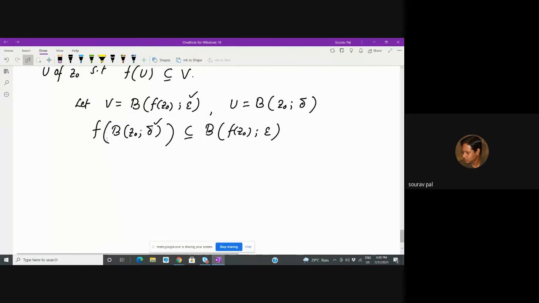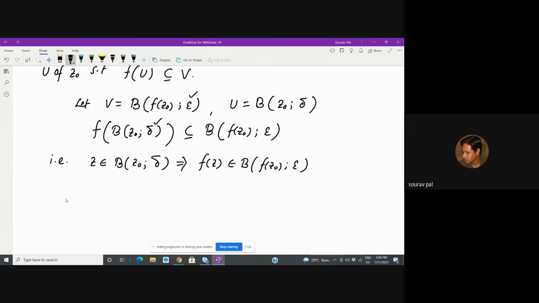In another way, you can just write: z belongs to this ball implies f(z) belongs to the epsilon ball.